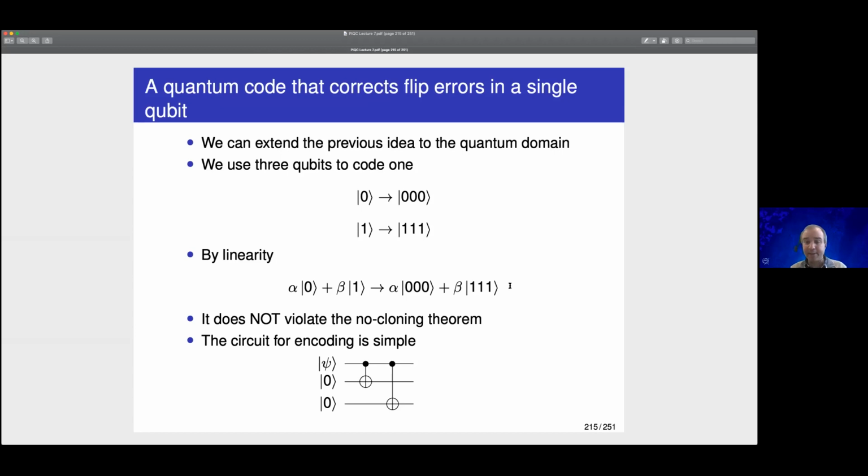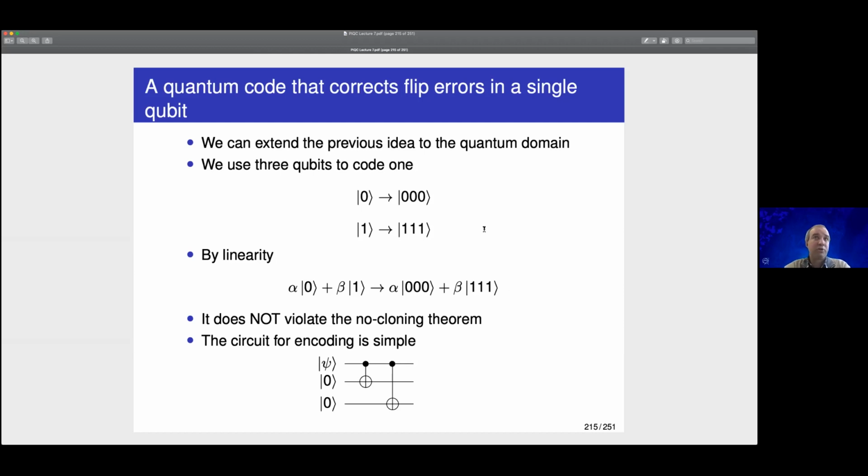Okay, so the idea is in the quantum setting to try to do the same with the basic states that we use to define information. Okay, so if we think about the information in just one qubit, we know that we have the state 0, state 1, from which we can define general superpositions, which are the most general states of a qubit.